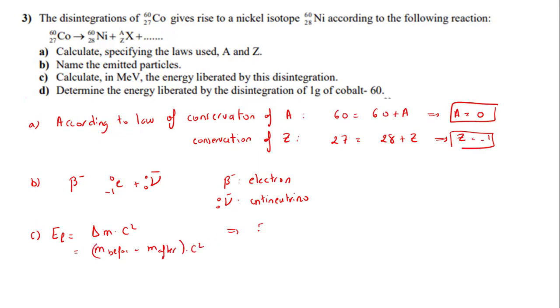So E liberated equals: what is M before? The mass of cobalt, minus M after, the mass of nickel plus the mass of the electron, all multiplied by C square. All of these are given.